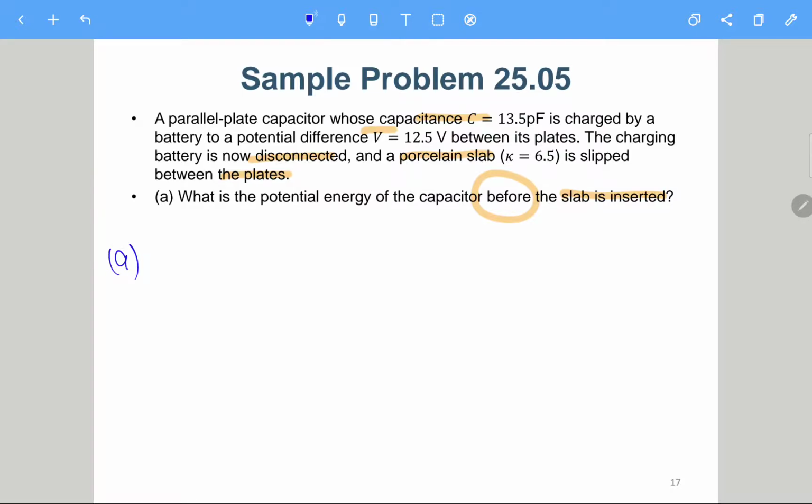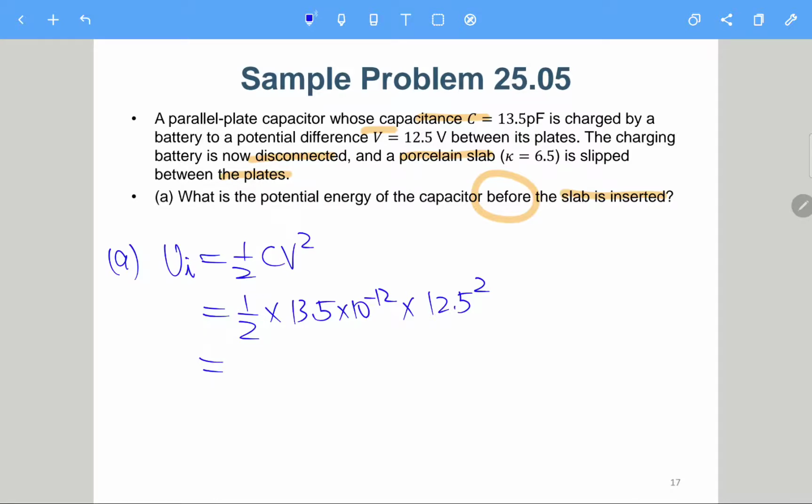It is trivial. The potential energy is U_i equals 1/2 CV squared. Substituting the numbers, 1/2 times 13.5 times 10 to the minus 12 for the pico, times 12.5 squared, it is 1.055 times 10 to the minus 9 joule.